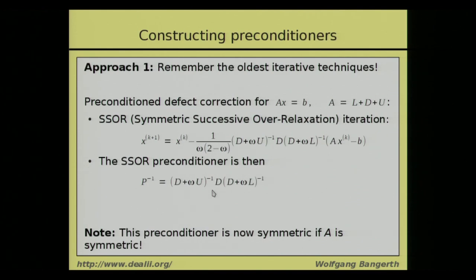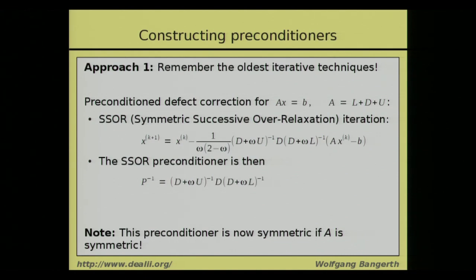If you apply this to a symmetric matrix A, then U equals L transpose. In that case, what you end up with is that this P to the minus 1 corresponds to a symmetric matrix, and that now is something that we can apply to the CG method. So SSOR is something that we use in a lot of these tutorial programs when we precondition the CG method.